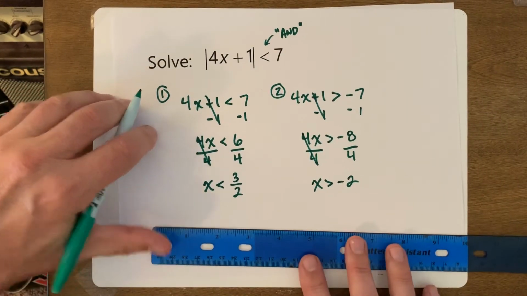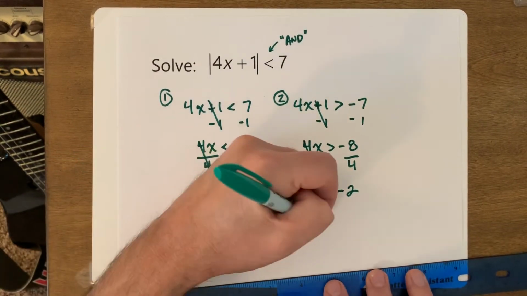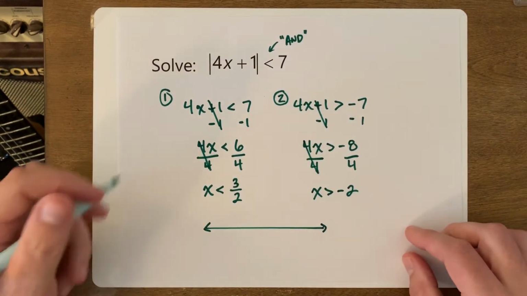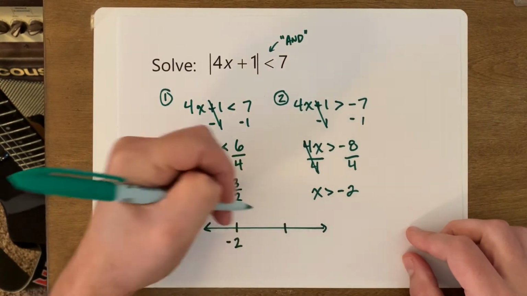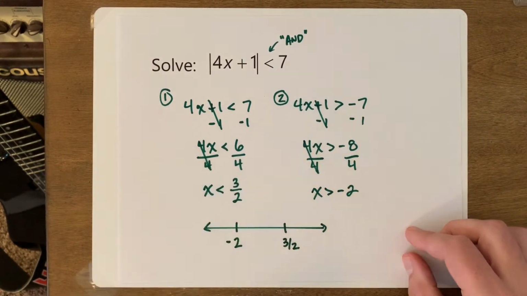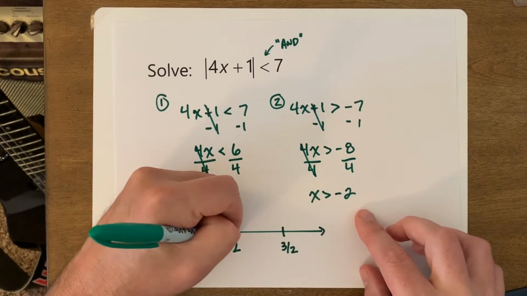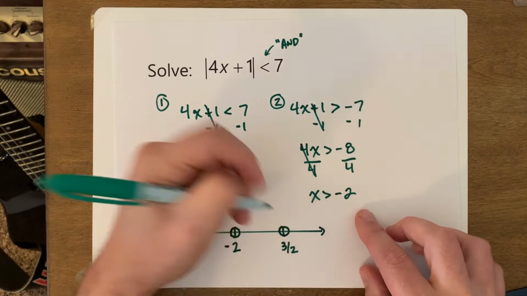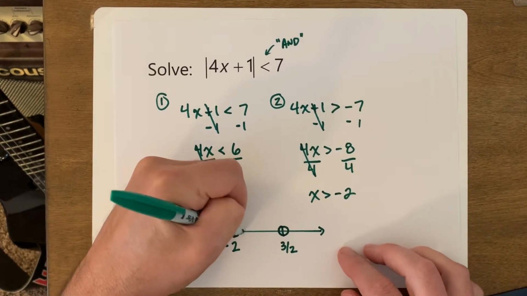So let's go ahead and put our number line on here. And so we have negative 2 over here, 3/2 over here. All right, we're going to have open circles because it's a strict inequality. And it's an and, so it's going to be going in. So everything shaded in between.